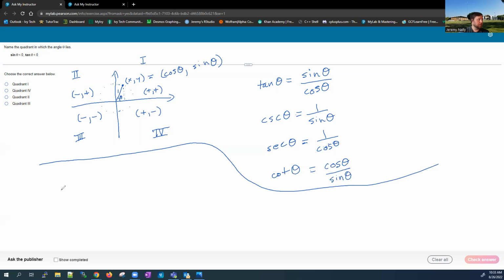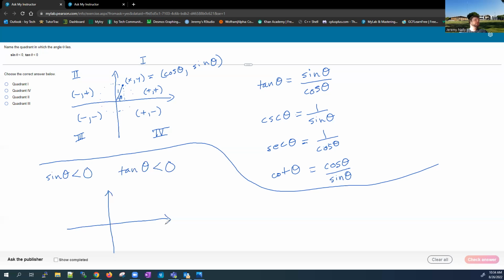So now that's kind of the background info that you need going into a problem like this. Okay. So now if they're telling me that sine theta is negative and tangent theta is negative, well, let's put in an xy plane here.